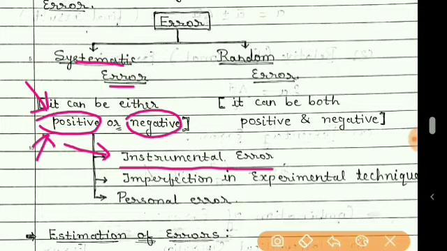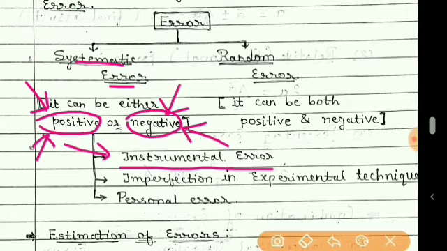And suppose I take another instrument, and if that instrument is also defective, then it shows the negative error for the measurement of one particular object.